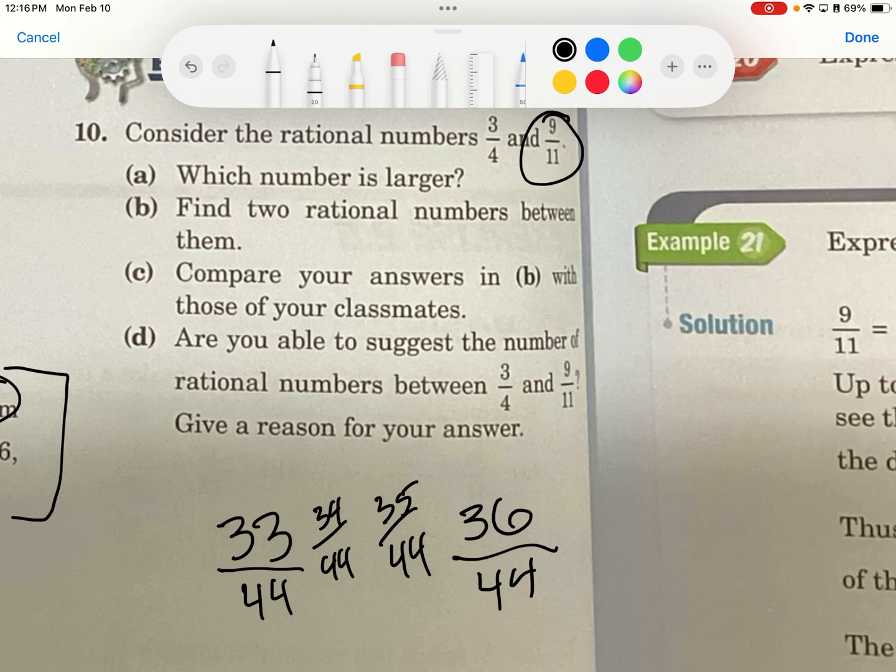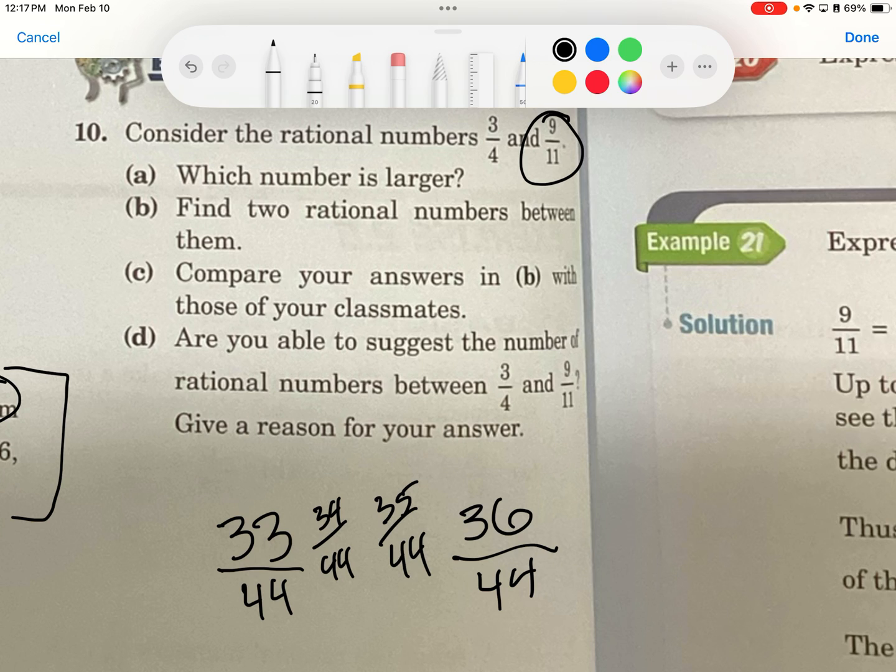Are you able to suggest the number of rational numbers between 3/4 and 9/11? I mean, there would be endless. Well, not endless, because you'd have to have whole integers for the numbers on the top and the bottom.